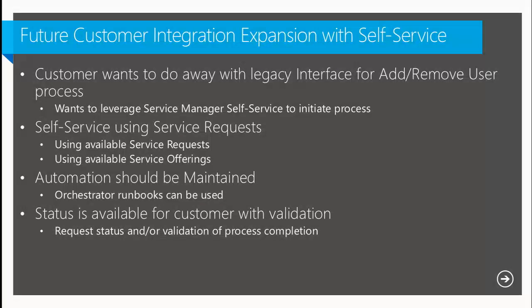And then they would only be notified if something fails. Because we've got that validation piece, you could let the branch champion know when it's done on success, but you could let the help desk know based on failure if something goes wrong. Make sense? So that's what we're going to do going forward as a future consideration.